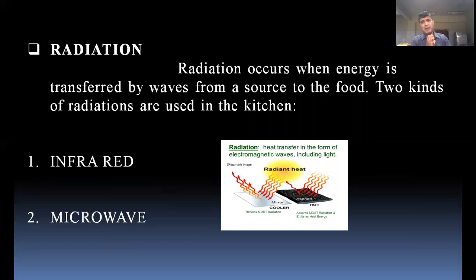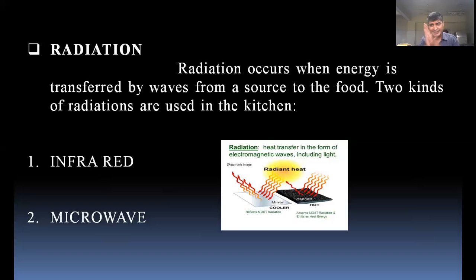Second is microwave. In microwave cooking, the radiation generated by the oven penetrates partly into the food, where it agitates the molecules of water and causes heat, which cooks the food. Means in a microwave, if we keep any food item, every food item has got moisture, so when radiation occurs in the microwave, it agitates the water molecules, the moisture.